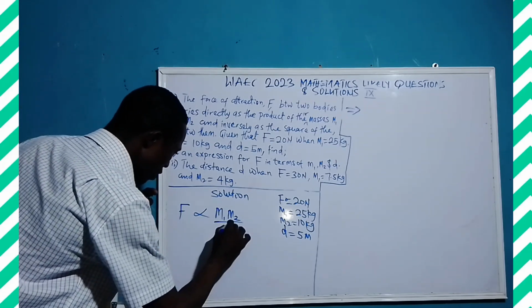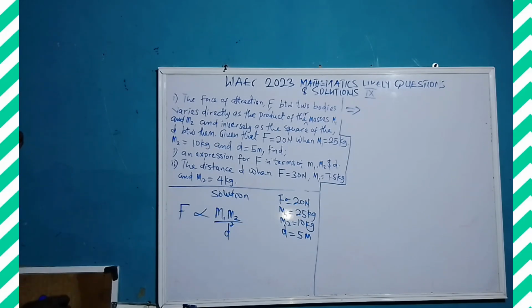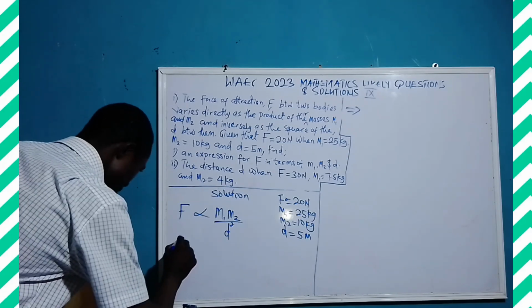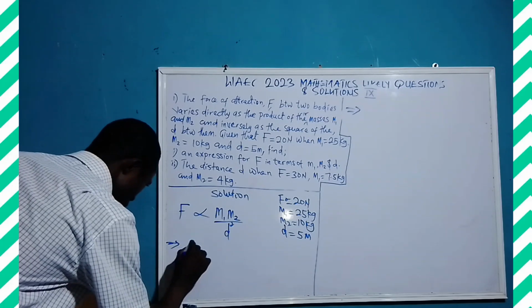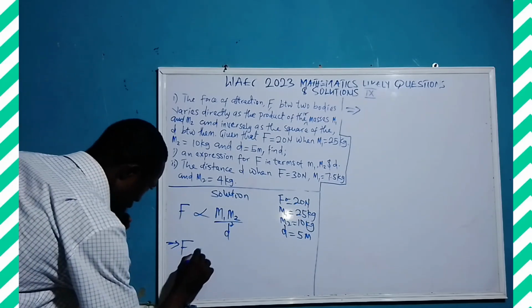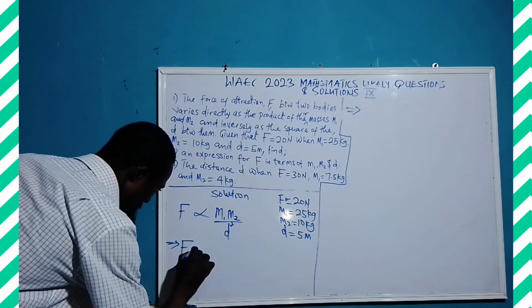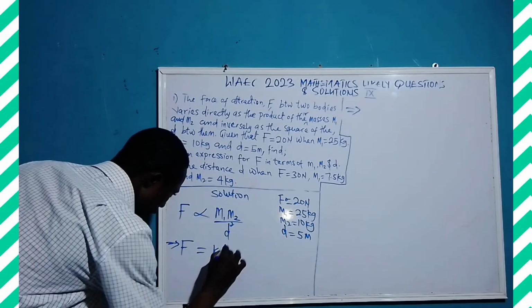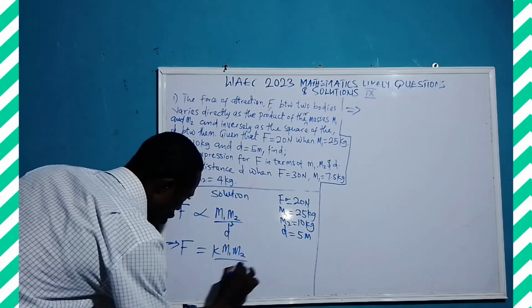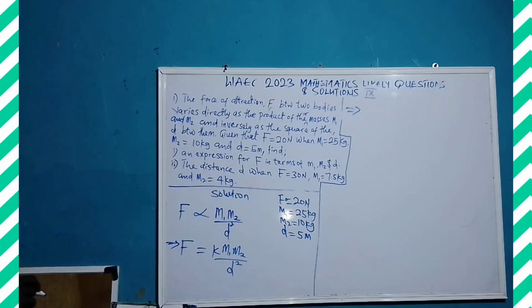So we have the statement stated mathematically like this. The next thing is to introduce the proportional constant K to remove the proportional sign, and that is done this way. You have F is equal to K M1 M2 all over D square. Now, what's the next thing?